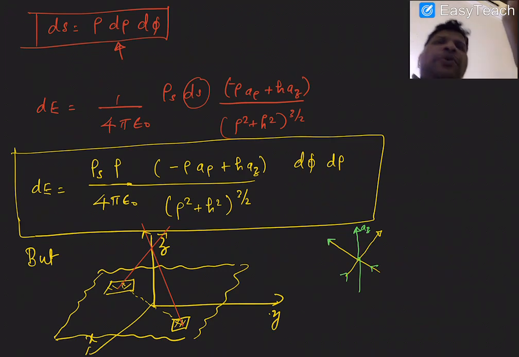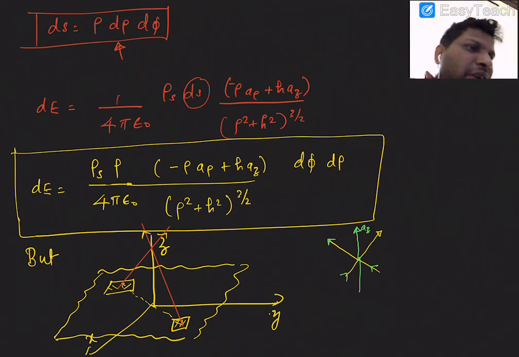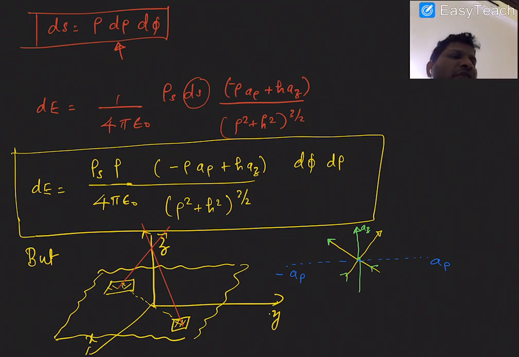Now you can resolve this into two components. What are the two components? One is in this direction, which is a rho, and another is in minus a rho, and another one is az.